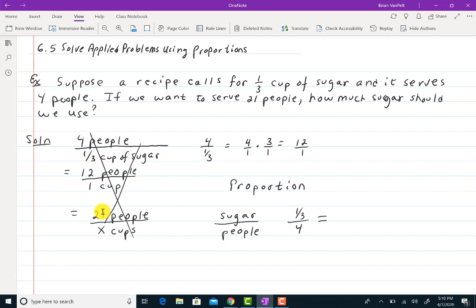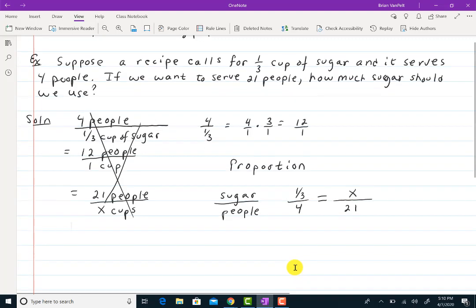However, we're not serving 4 people. Instead, we're serving 21 people. So notice how I set up my fractions here. Sugar is in the numerator of all of these fractions. The number of people is in the denominator of all of these fractions. Since I don't know how much sugar I'm going to need, I'm going to put an X in that spot.